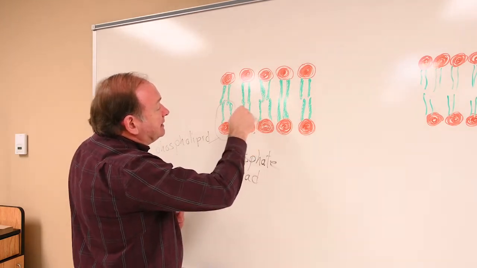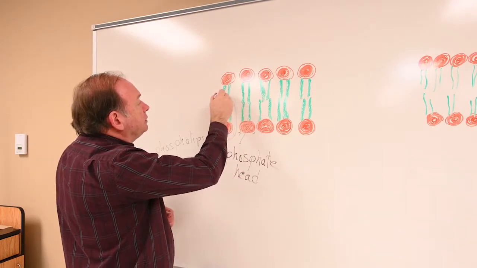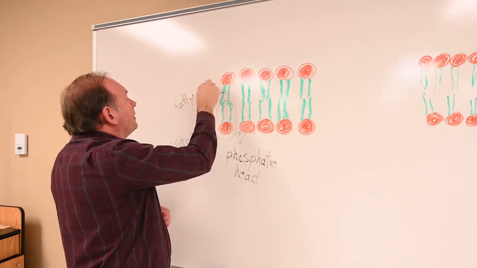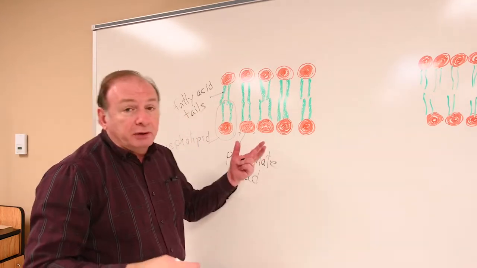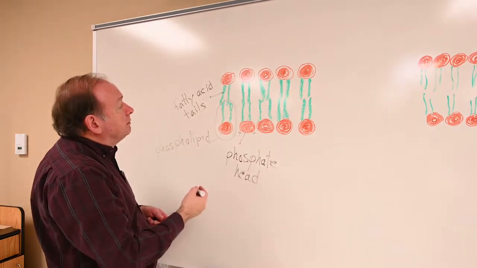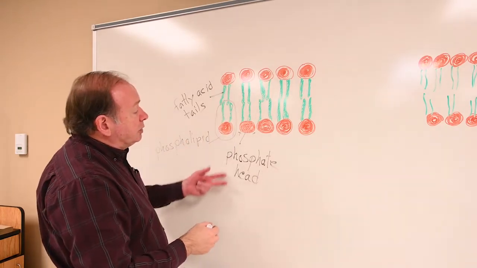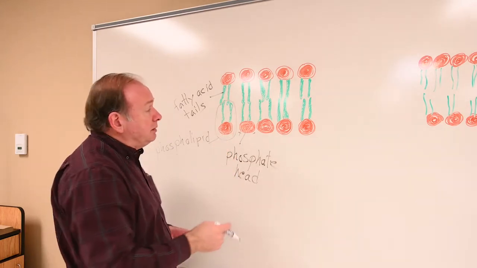The fatty acid tails are nonpolar. They do not have a charge. We just call them tails. They're not anything special. We could just refer to them as fatty acids attached to a phosphate structure. But anyway, it's easier to think of them as heads and tails.